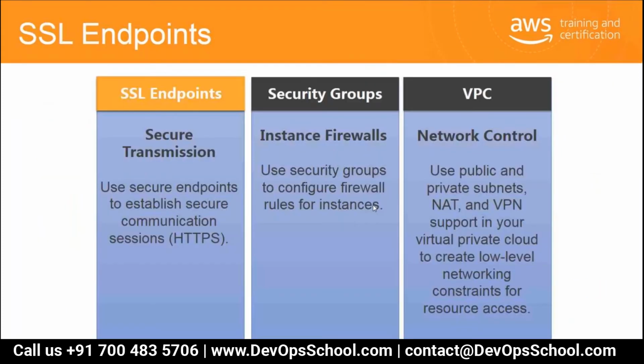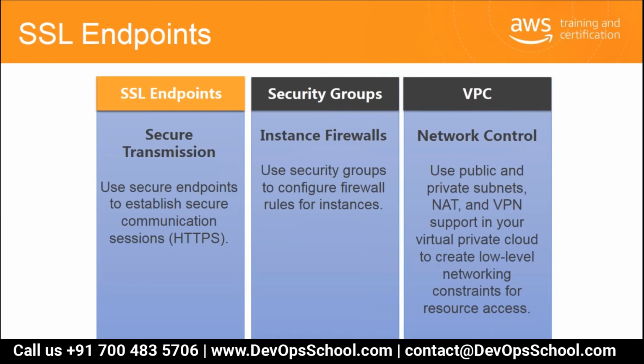Other than that, the access points provided to the customer, also known as API endpoints, allow HTTPS access only. So using HTTPS secured connections, you can establish communication with AWS services.